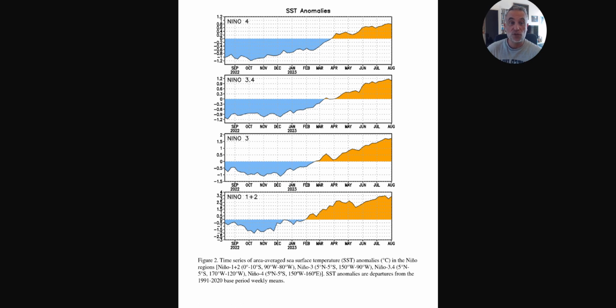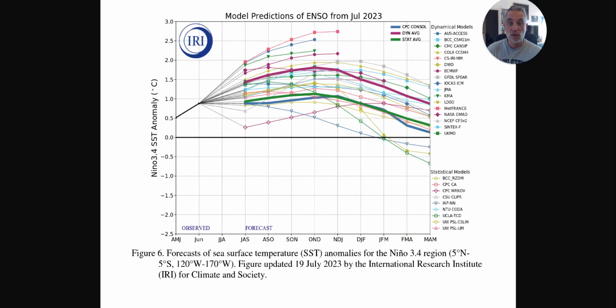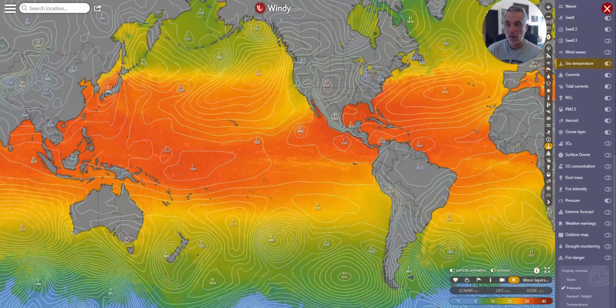This points to this increasing El Nino pattern where you get these increased warm sea surface temperatures. And so when we take a look at the El Nino index, we're actually starting to be in the positive phase, in the El Nino phase, which is basically forecast to extend at least deep into this winter, with probably a peak sometime this coming winter, and it may settle off afterwards. We'll have to wait and see.